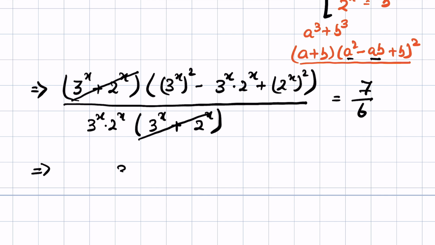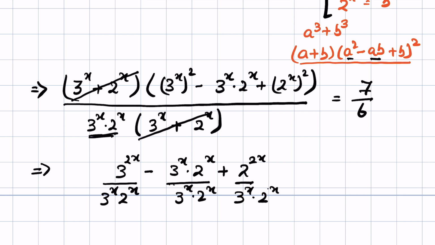Now we have (3^(2x) minus 3^x times 2^x plus 2^(2x)) upon (3^x times 2^x), where the common denominator becomes the denominator of each of the terms, is equal to 7 upon 6.